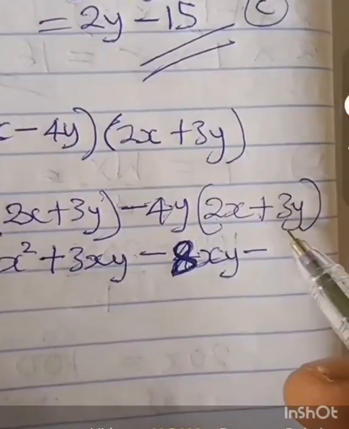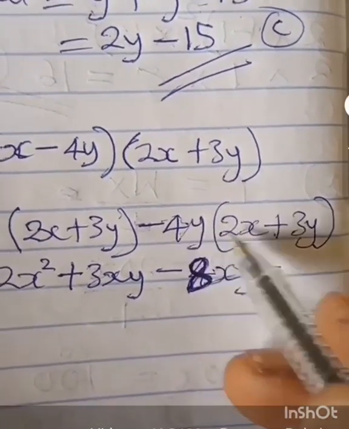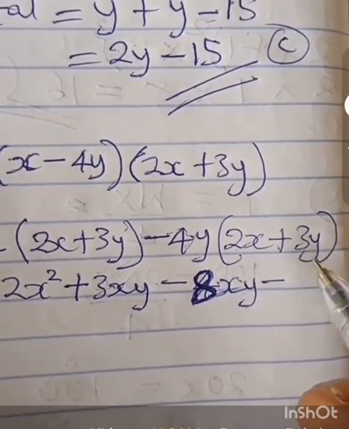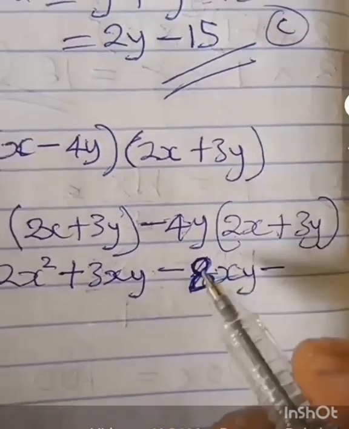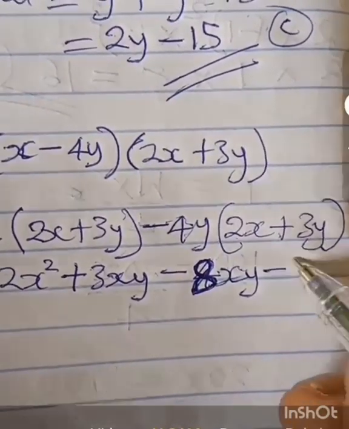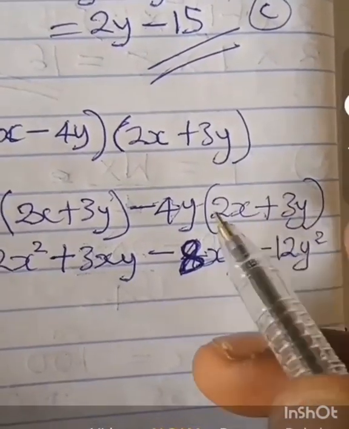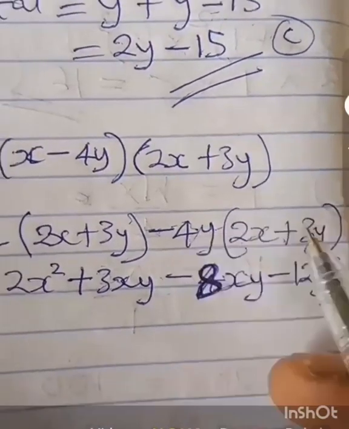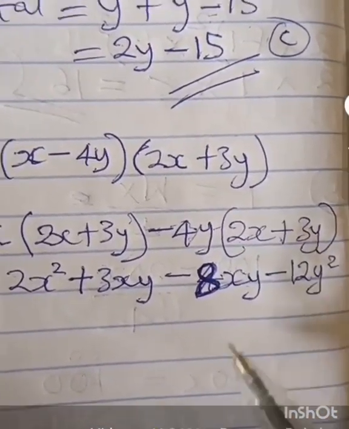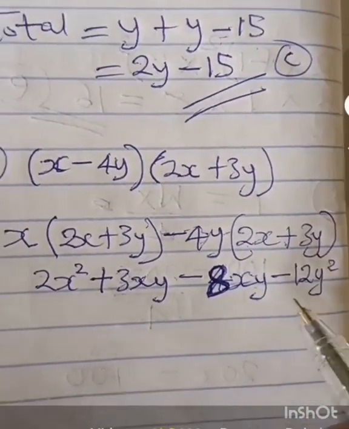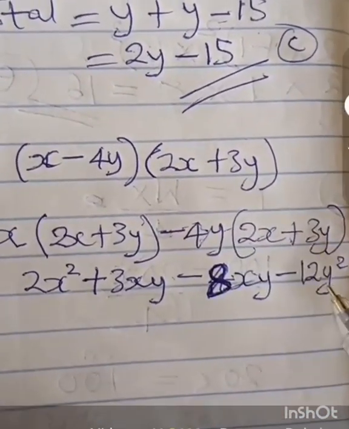So 4y times 3y will give us 12y squared. Remember, we have y here and y here, so y times y will give us y squared. 4 times 3 will give us 12. So minus times plus will give us minus.